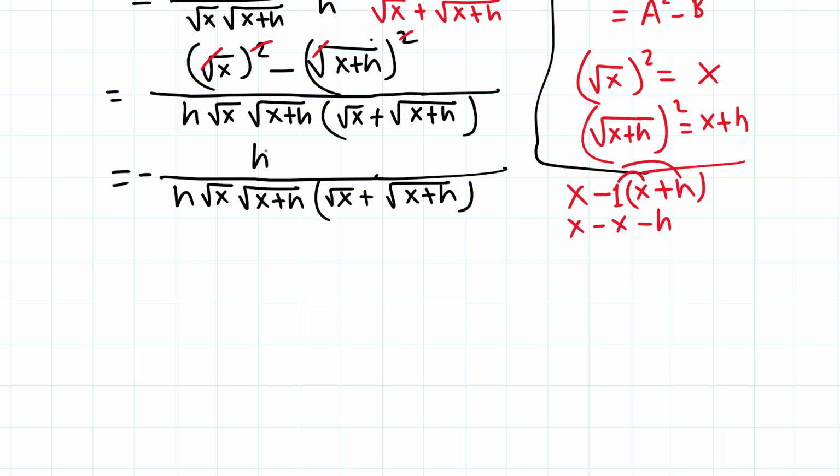Now this h on the top and h on the bottom as a factor, we can cancel, and that leaves negative 1 over the whole chunk as the final answer. You cancel, write another step. I'm skipping because I can erase, but you need to write these steps. Cancel. The root is there, and then negative 1 over that is the final answer.